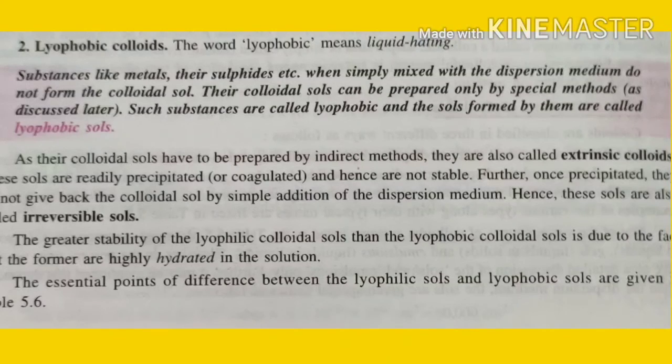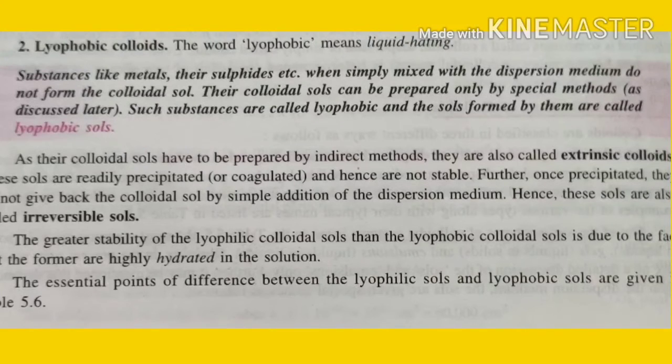Now the second is called hydrophobic colloids. The word hydrophobic means liquid hating. Substances like metals and their sulfides, when simply mixed with the dispersion medium, do not form the colloidal sol. Their colloidal sols can be prepared only by special methods. Such substances are called lyophobic and the sols formed by them are called lyophobic sols.